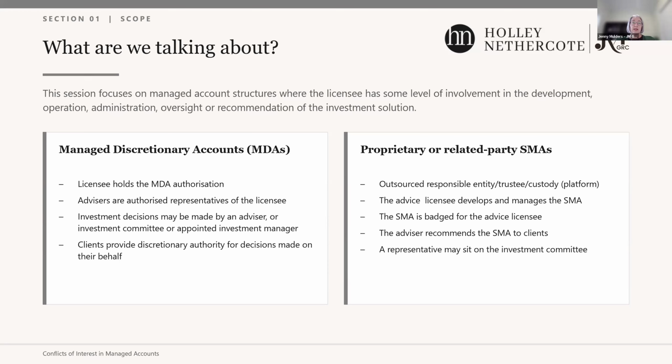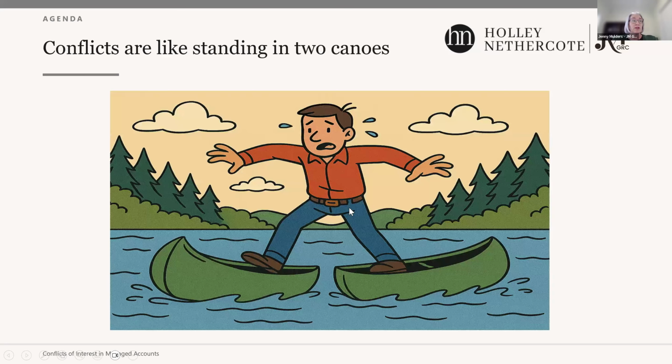Predominantly we see SMAs using an outsourced responsible entity or trustee, and an advice licensee developing and managing aspects of their SMA, which is badged for them. We hope it will be obvious as we go through what applies, but please put something in the Q&A and we can see if we can answer it at the end of the session. I'm going to hand over to Jesse for the next few slides, where he'll talk about the legislative piece.